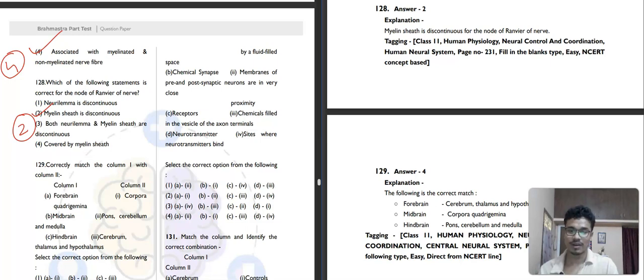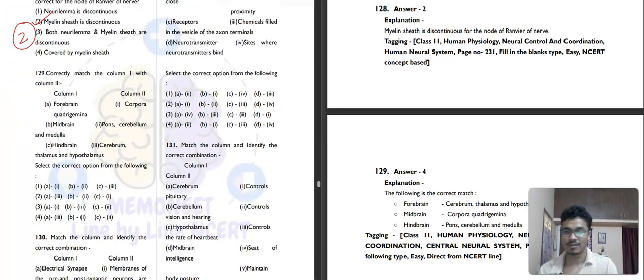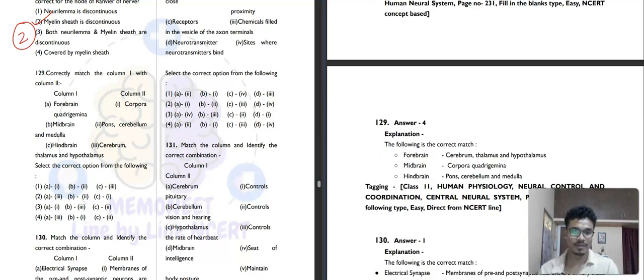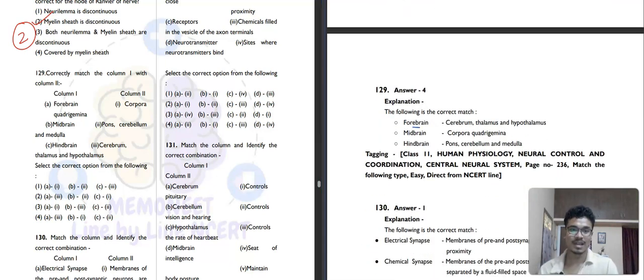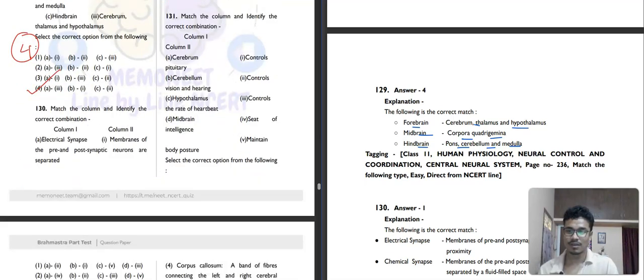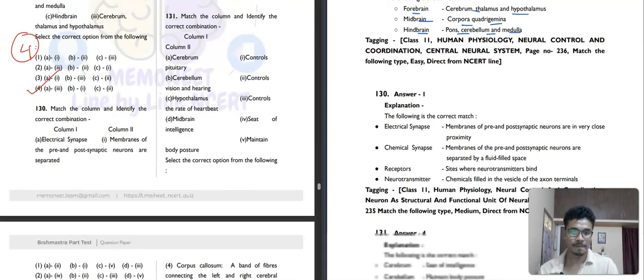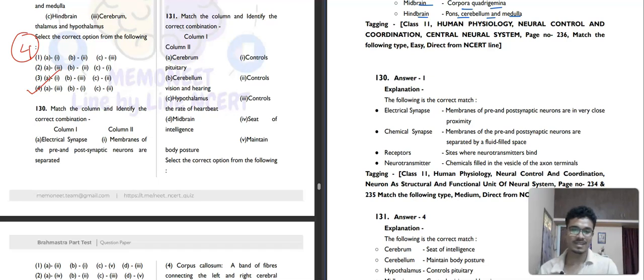Then question number 129. Match the column. Forebrain comprises the cerebrum, thalamus and hypothalamus. Midbrain is corpora quadrigemina, hindbrain is pons, cerebellum, medulla. So the correct answer for this question will be option number 4. Question number 130. What is an electrical synapse?